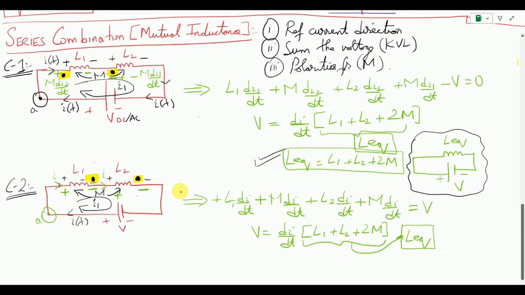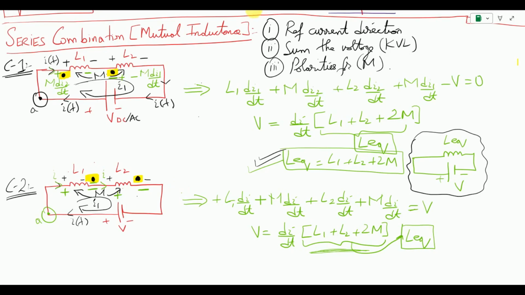So we see again that if the dotted terminals are behaving in such a way that either both of them are at the input of the terminals, the equation becomes this one as we saw with case 1, or if both the dotted terminals are on the exit side of the inductor terminals, we get the same equation over here. So this means that case number 1 and case number 2 have the same set of equations.